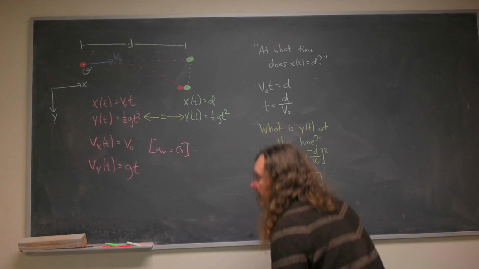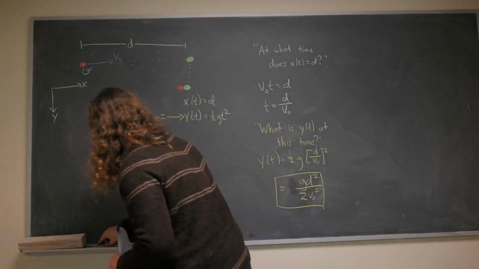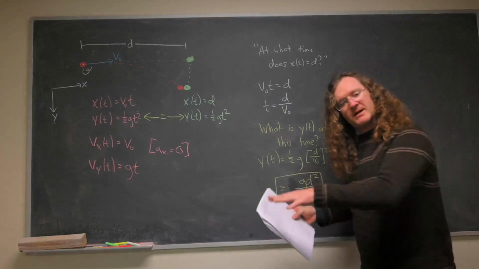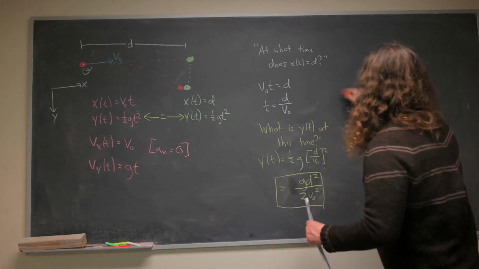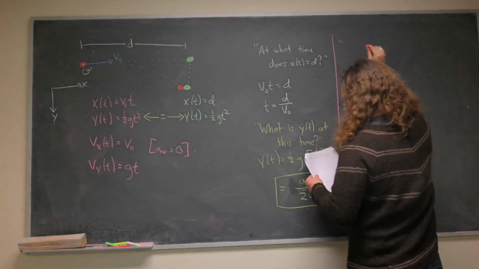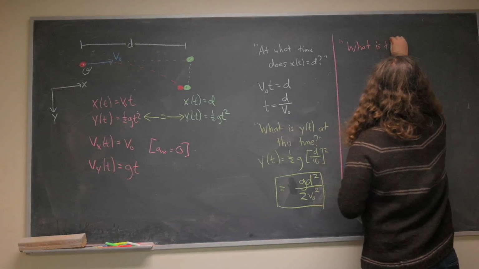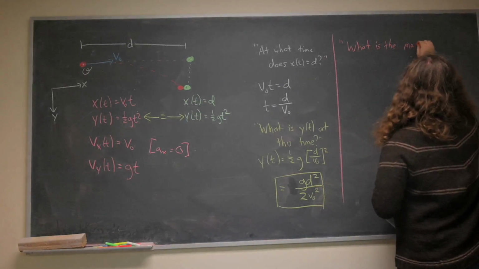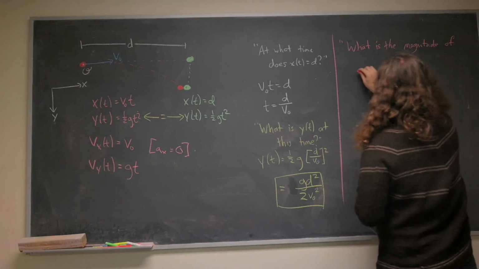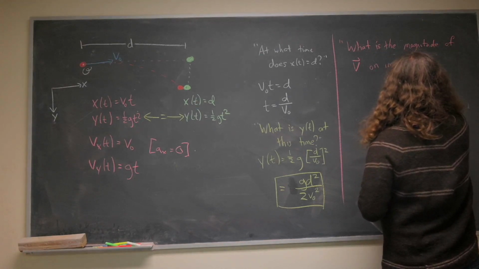Part E asks, how fast is the ball traveling when it strikes the other ball? Now, how fast is not asking about the y component, it's not asking about the x component, it's asking about the magnitude of the velocity. So part E asks, what is the magnitude of the velocity vector on impact?